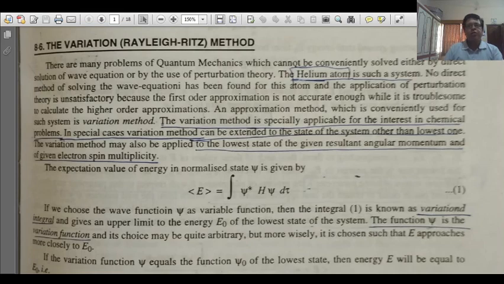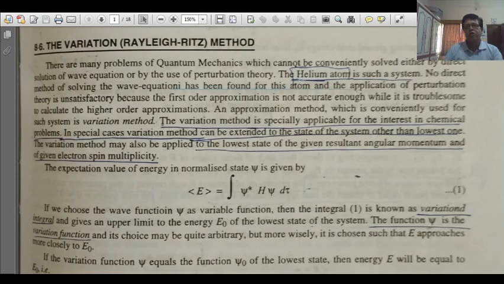No direct method of solving the wave equation has been found for this atom. And if we try to use perturbation theory, it also gives unsatisfactory results because first order approximation is not accurate enough.